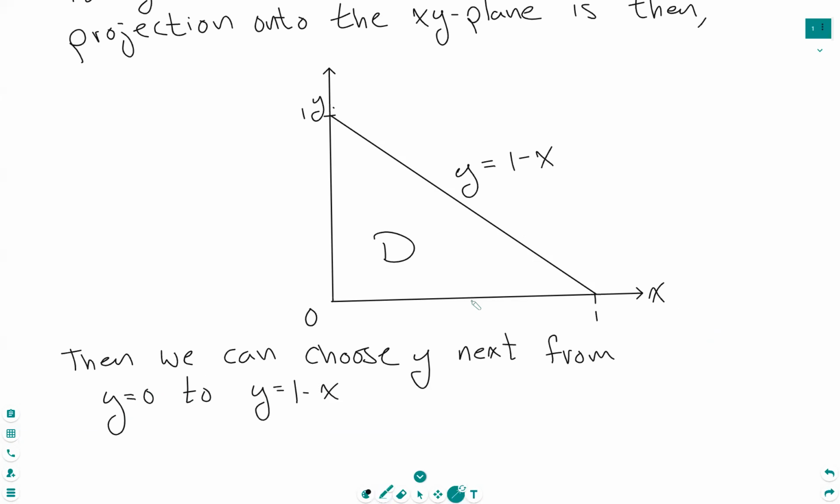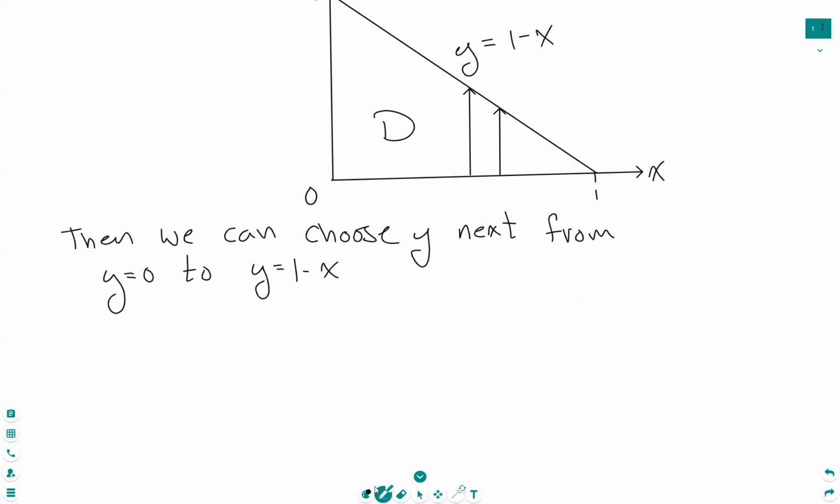We can draw some arrows here. Y goes from 0 out to this function, 1 minus x. And then x goes from x equals 0 to x equals 1.